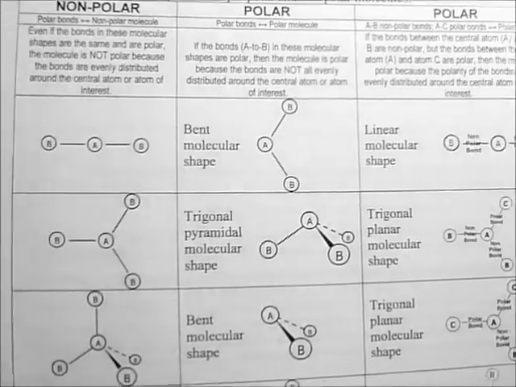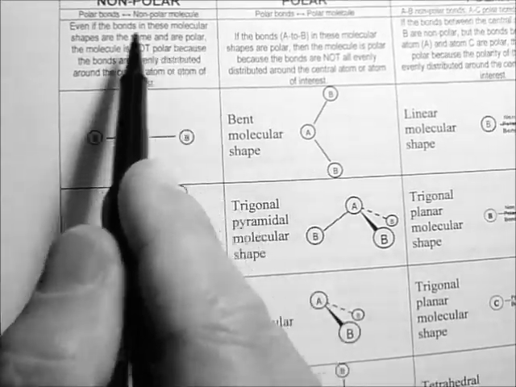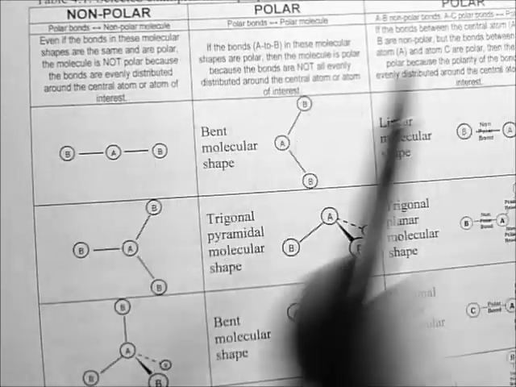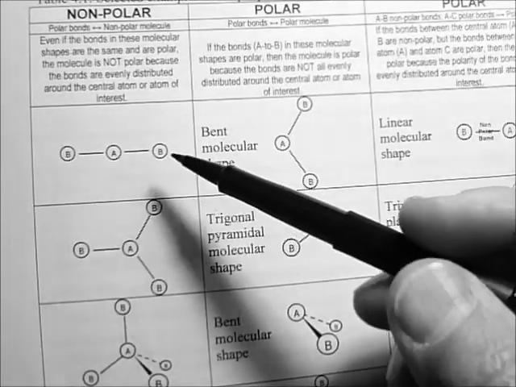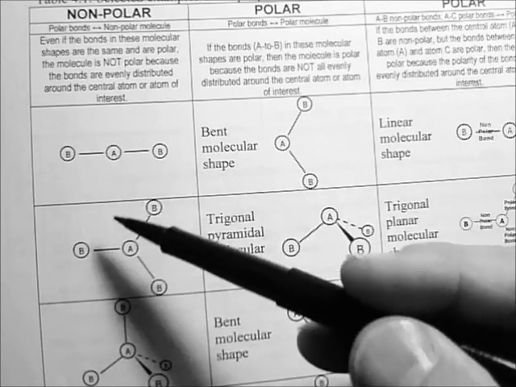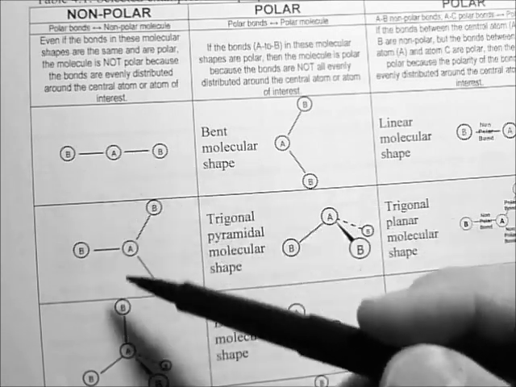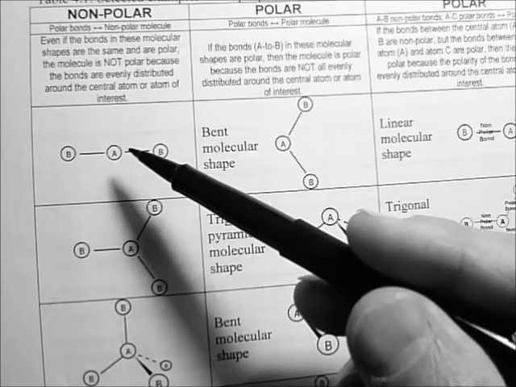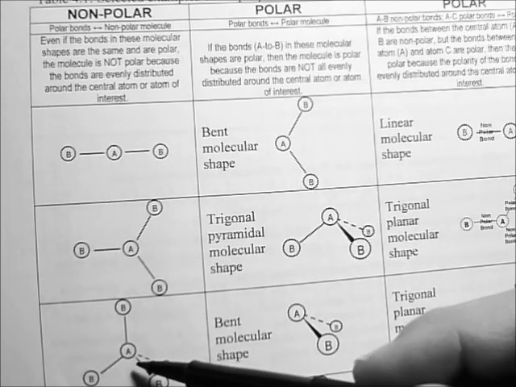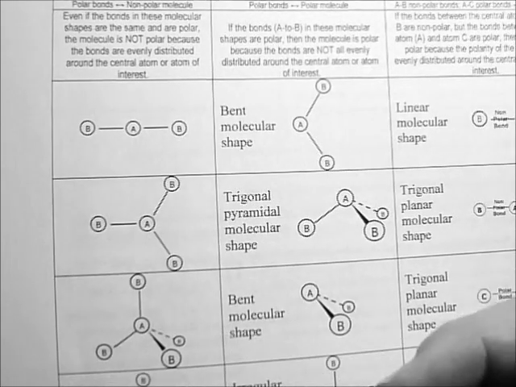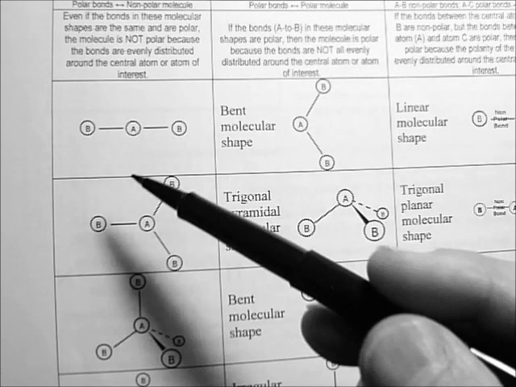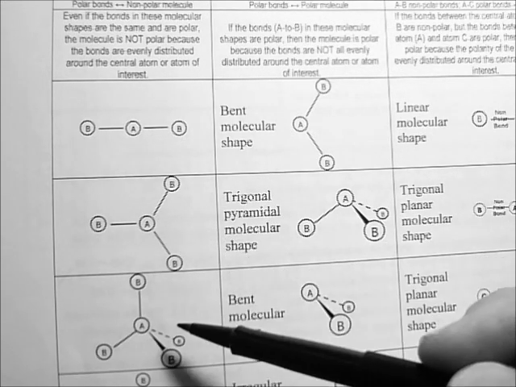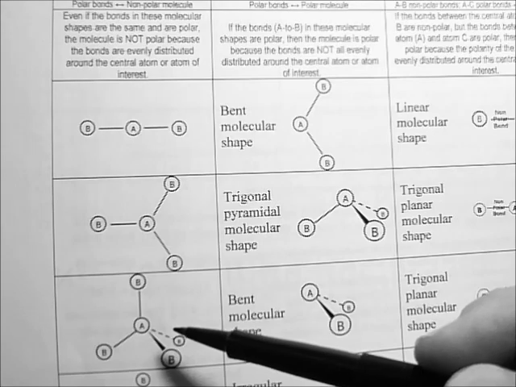What it's showing you here is, if you read what's in these descriptions at the top of these columns, this is saying that it doesn't matter whether the bonds are polar or not. If you have these kind of arrangements, these are always going to be nonpolar molecules because they have an even distribution of bonds. Linear, trigonal planar, and tetrahedral.